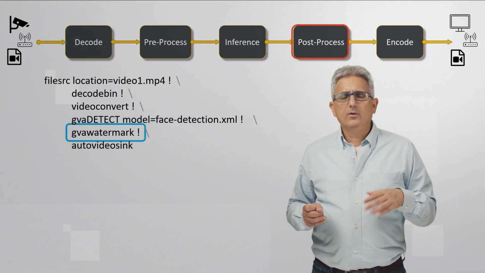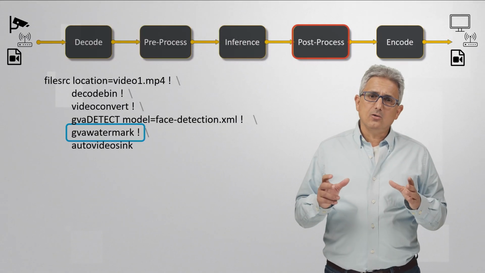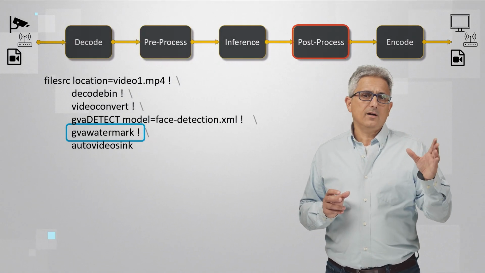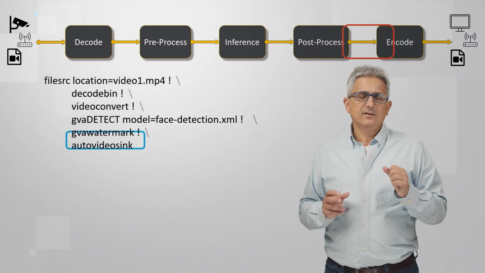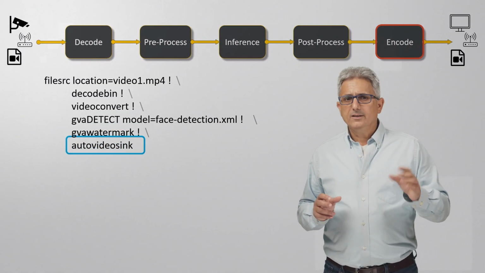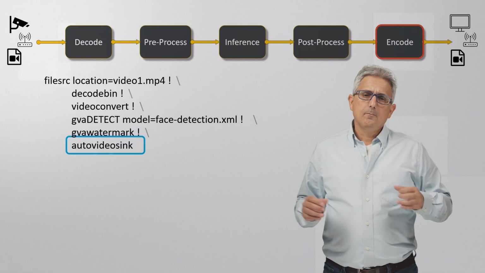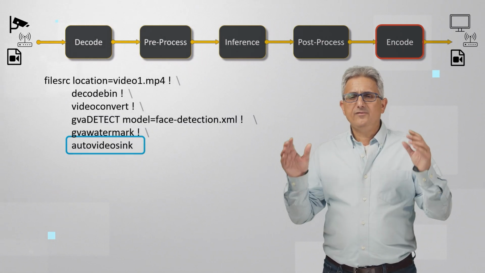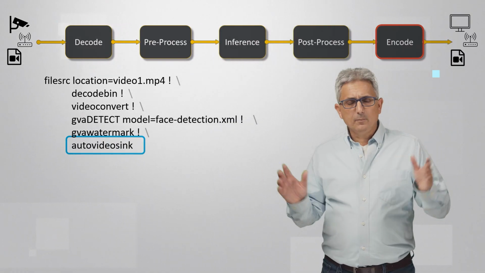And now we want to draw the detection results on the original image. So the GVA watermark element will do that and display it to the screen. One line, GStreamer elements plus GVA elements, and you have a video analytics full application.